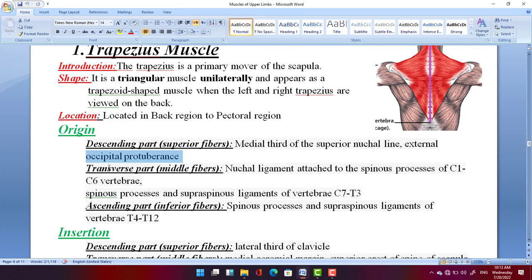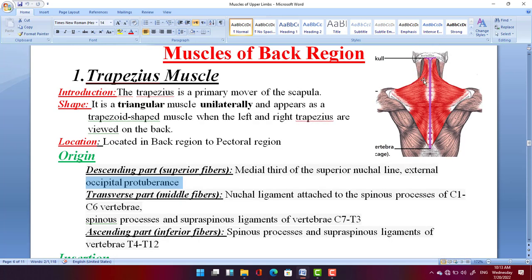There are middle fibers, which are called the transverse fibers. The superior fibers are coming down, that's why we call them descending fibers. These fibers are located transversely, that's why we call them transverse fibers.